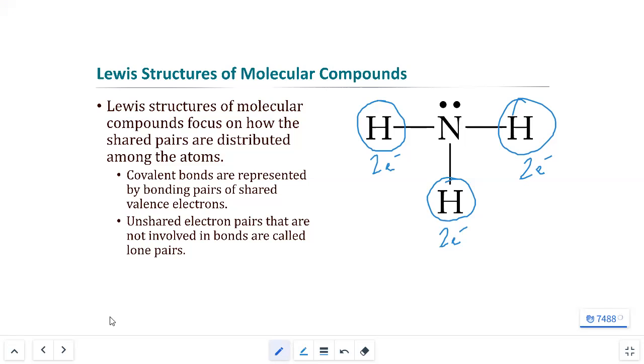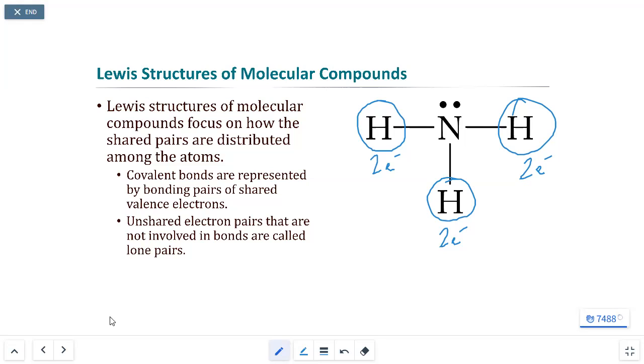Remember, hydrogen obeys the duet rule because it's in that first energy level. First energy level holds two electrons and only two electrons anyway. So hydrogen and helium have no need for 8 electrons. They only have need for 2. So hydrogen's perfectly good with those 2 electrons that are being shared.